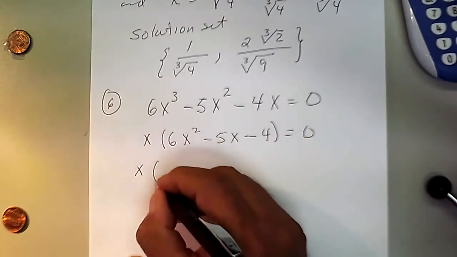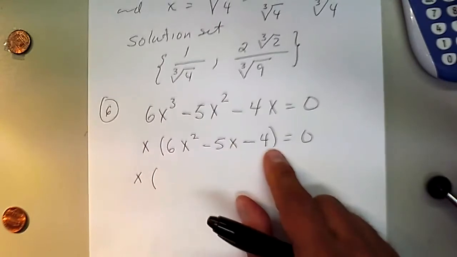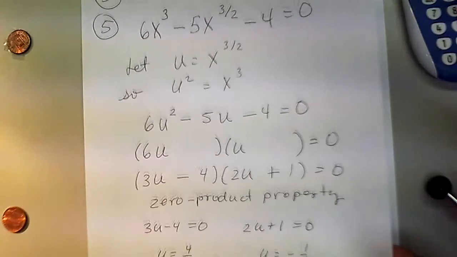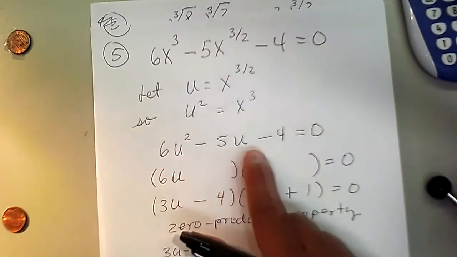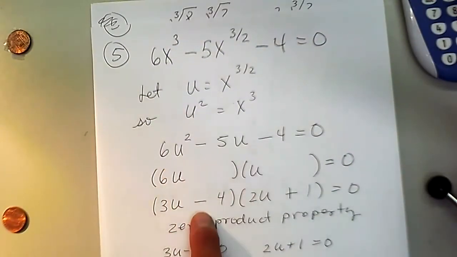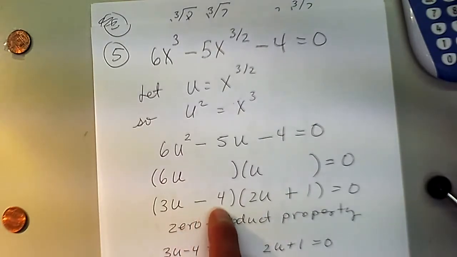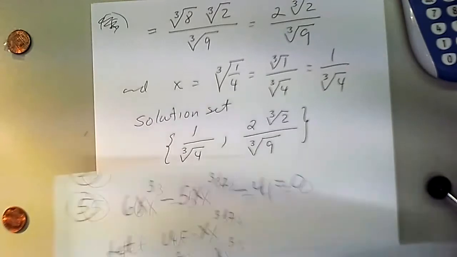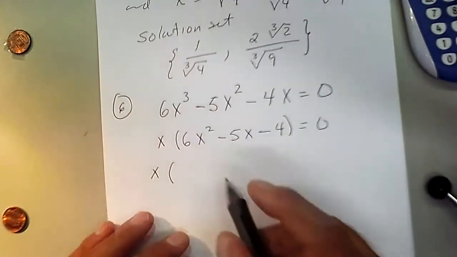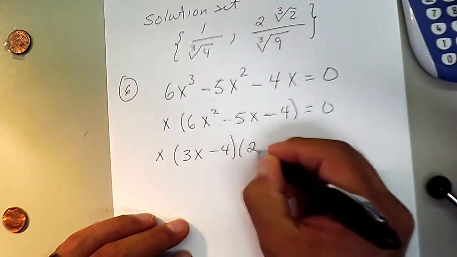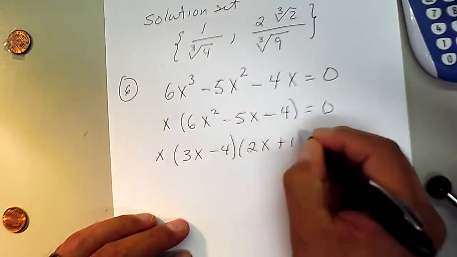This looks familiar. 6, negative 5, negative 4 in a quadratic. We did this work already. 3 and negative 4, 2 and 1.